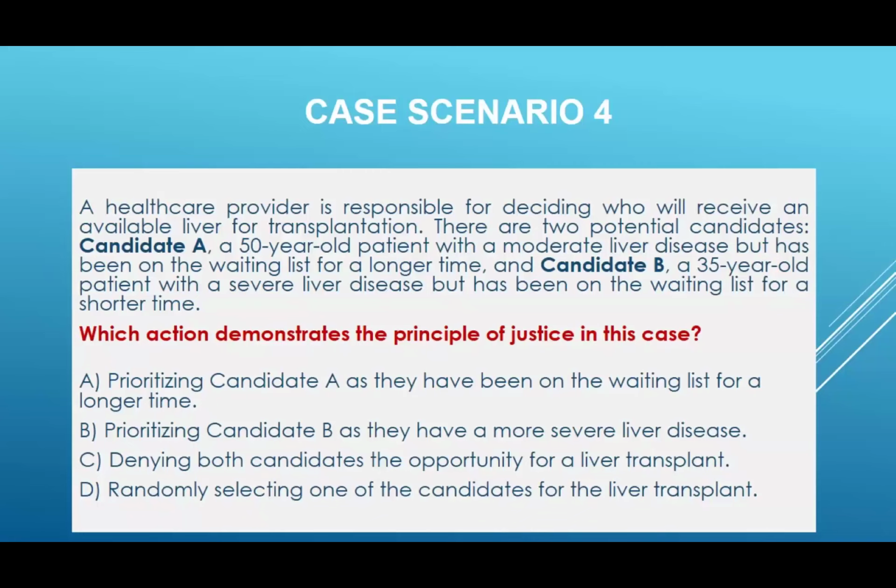So here you are discriminating between the two patients according to their age. Both have the right to get the treatment. Denying both candidates the opportunity for a liver transplant means you will not give any one of them the opportunity for the liver transplantation. Why?